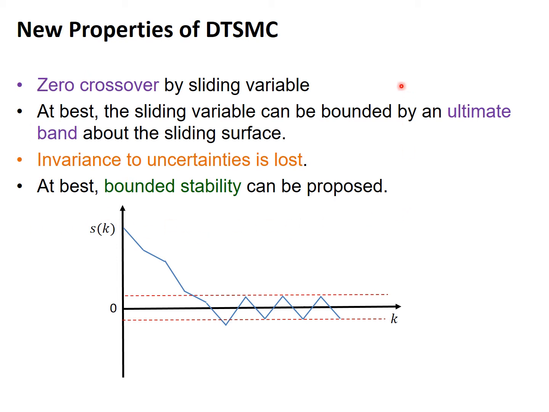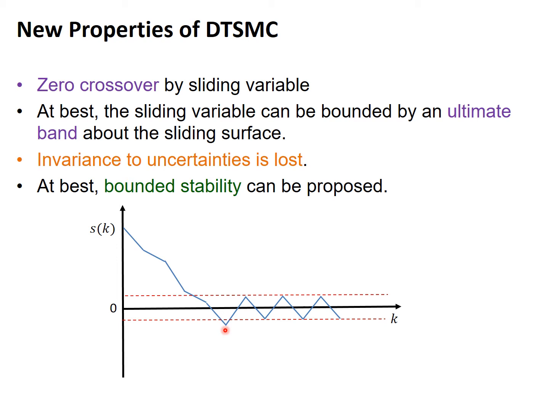One has to remember these properties to understand how discrete time sliding mode control is different from continuous time sliding mode control. The first property is that there is 0 crossover by the sliding variable. So the 0 crossover happens. If you see this picture, you will understand a bit better. Every time it is decreasing, and somewhere a 0 crossover happens.